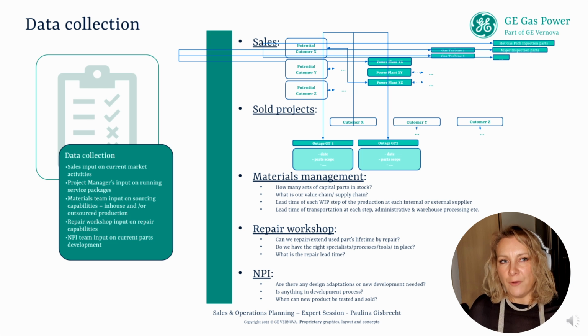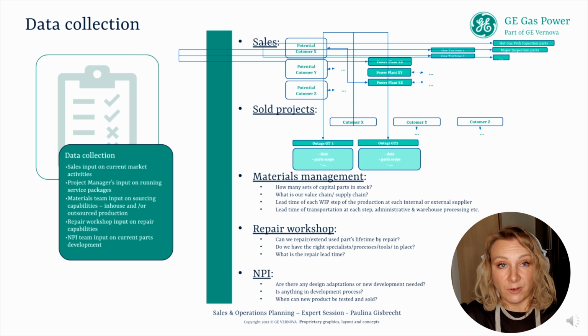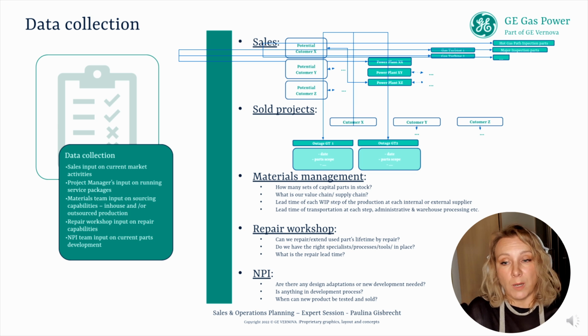Each plant would have more than one gas turbine unit, or maybe other power generation turbines like steam, but we are concentrating on gas turbines. Every gas turbine could have another variant, would require another type of outage, and subsequently would require another scope of parts. So this is the information I was trying to collect.